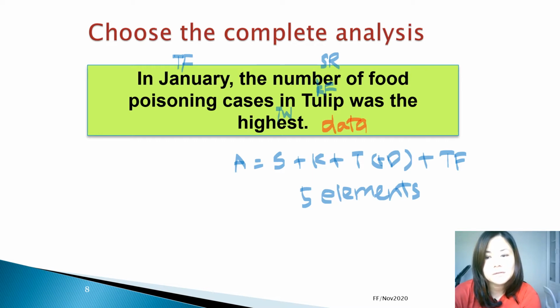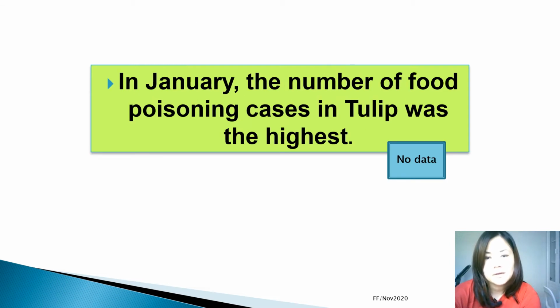So when there's no data, your answer is what we call analysis with little success, no data. When you have more ALS, then you will get a band 4 and below, and it is difficult to get band 5. So be very careful, make sure that you write them completely.